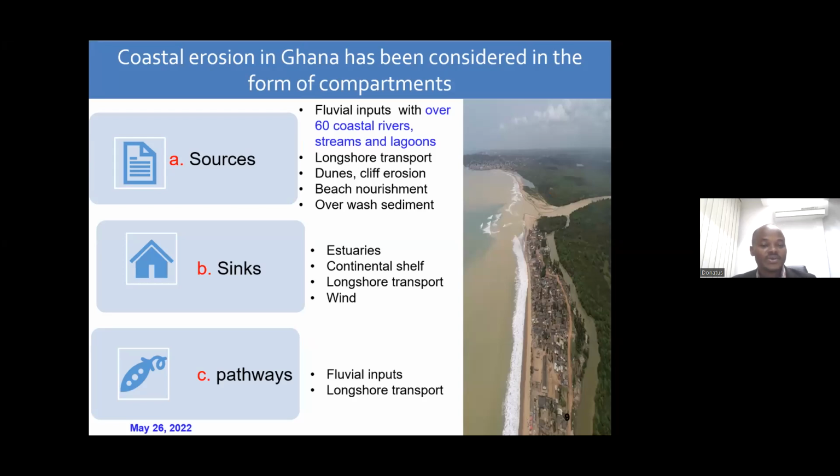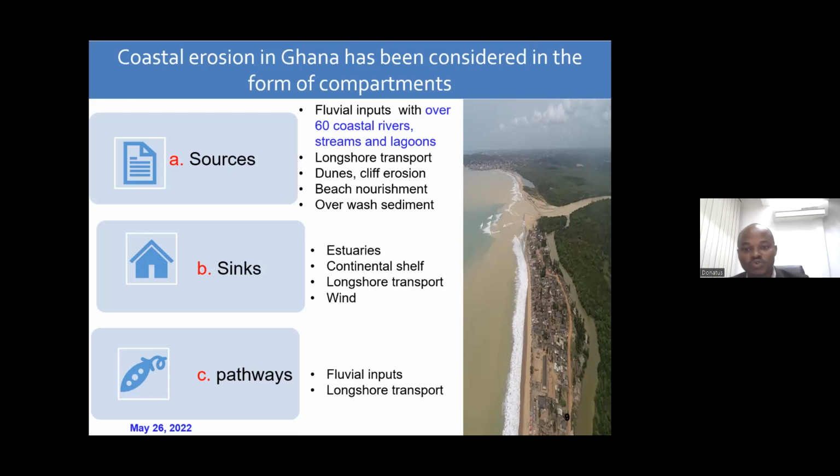Okay, so what do we do? We are aware that our beaches are eroding. We are aware that there are several factors that could lead to the erosion or sediment deficit, loss of sediment. But what are we able to do? One thing that is important for us is to think of these sediment losses or erosion in the context of coastal compartments. We need to be able to map out on the entire coastline the sources, sinks, and pathways of sediment.